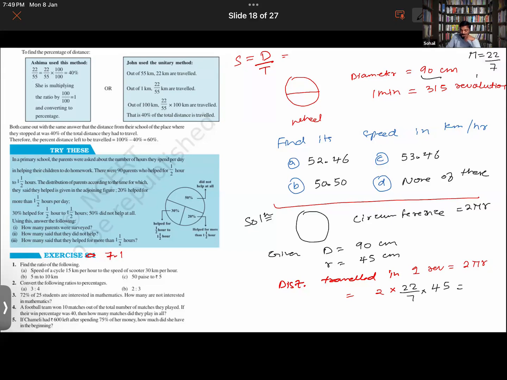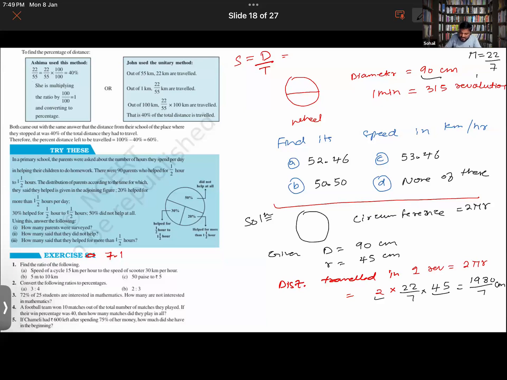And in fraction, 45 times 2 is 90. 90 multiplied by 22 will be 1980/7 centimeter, okay? For the sake of convenience in solving, we will not convert it into decimal right now, right?